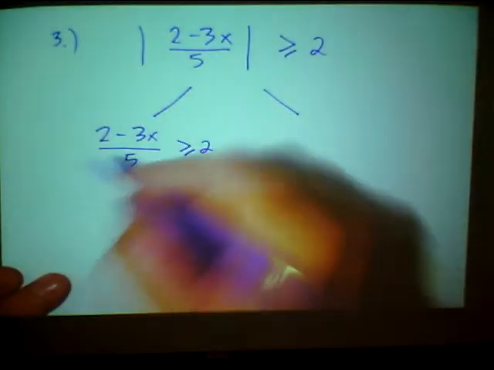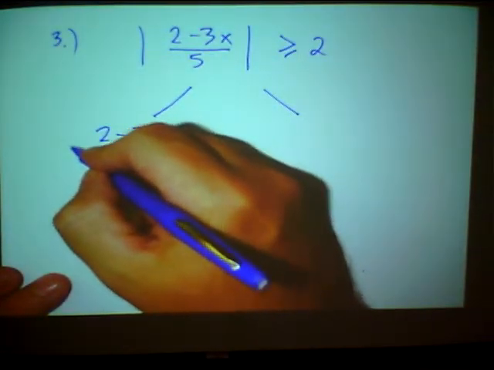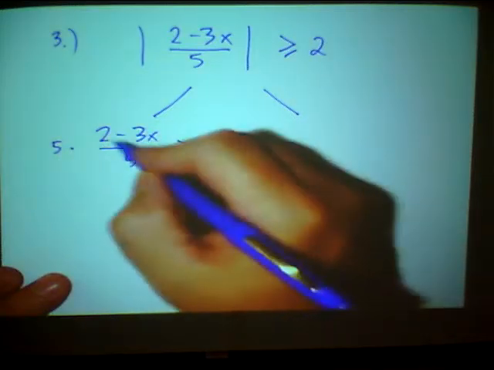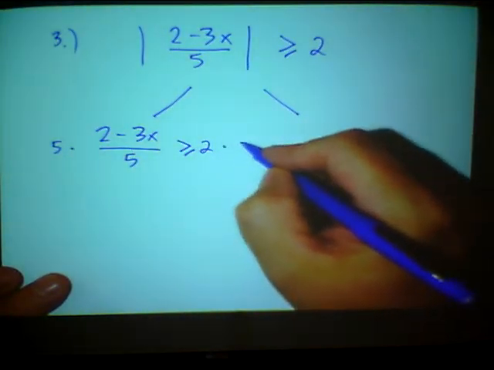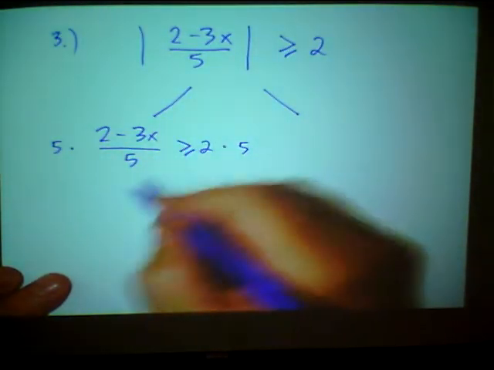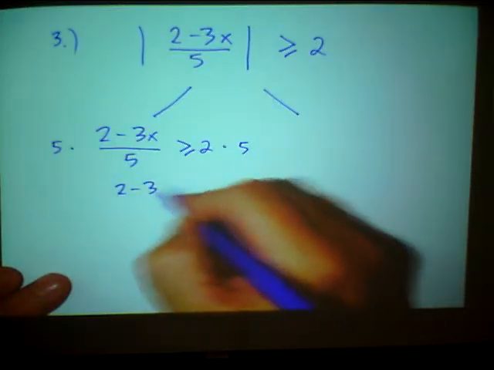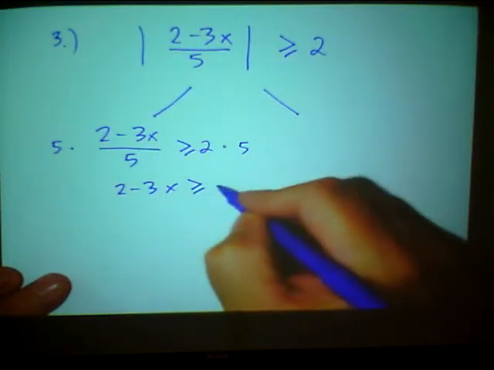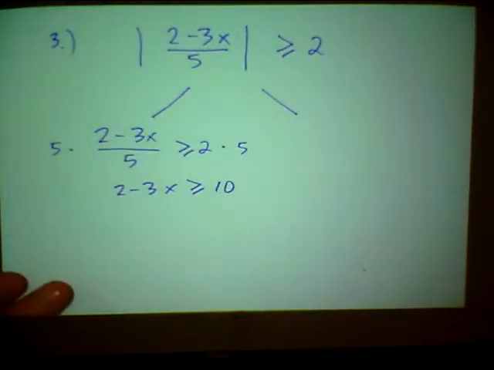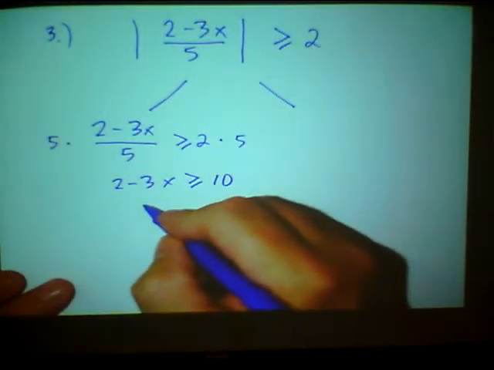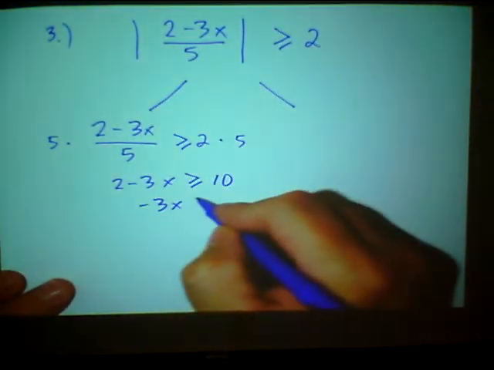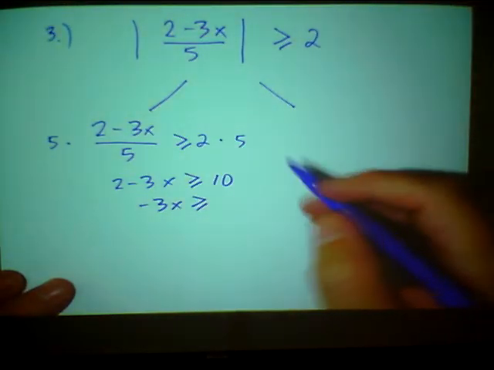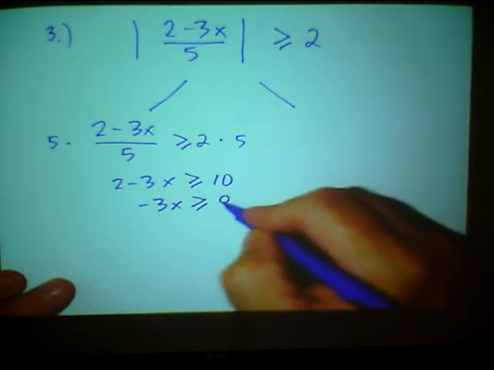Multiply both sides by 5. That's how I'm going to get rid of this 5 in the denominator. So 2 minus 3x greater than or equal to 10. Now I'm going to subtract 2 from both sides. Negative 3x greater than or equal to 8.